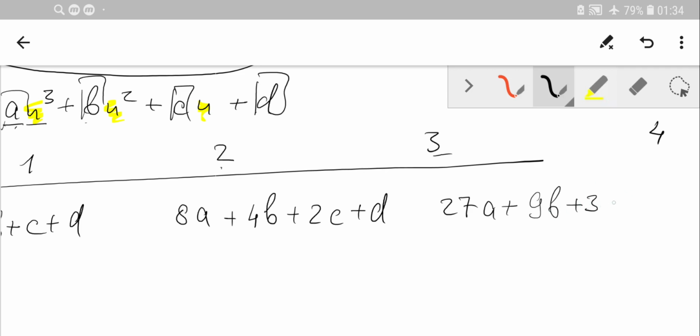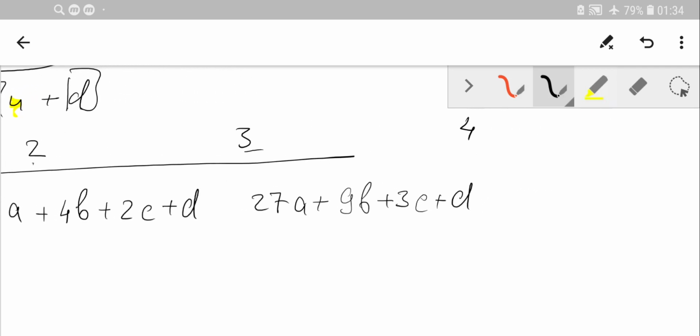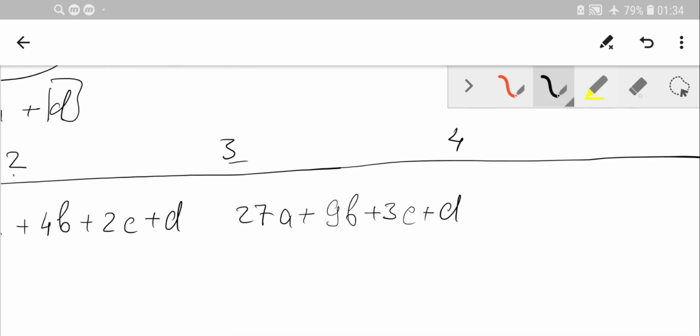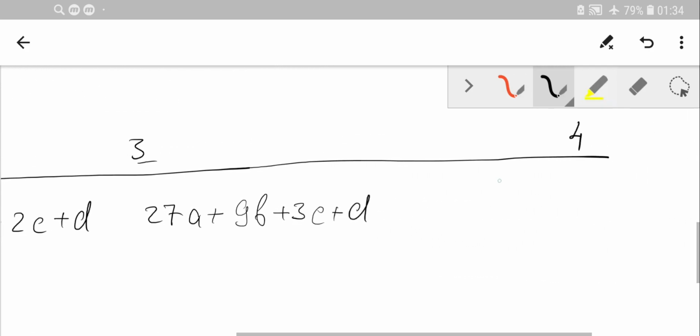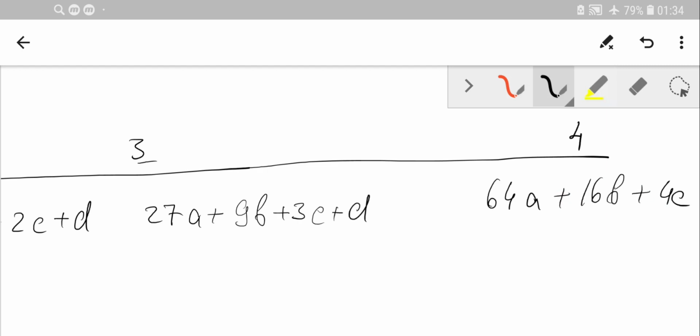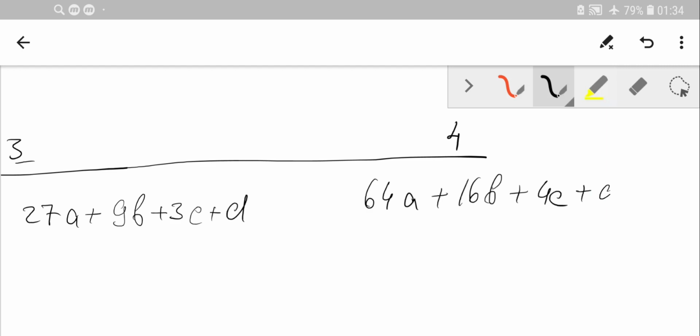And let's do it for the fourth. We plug n equals 4, and it will be something like 64a plus 16b plus 4c and finally plus d.